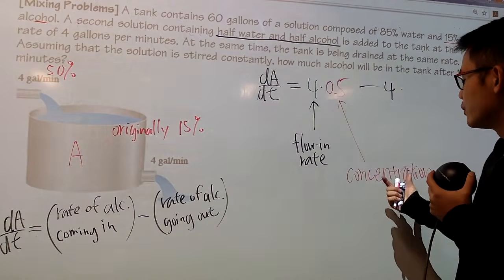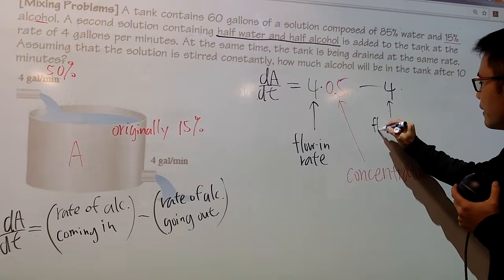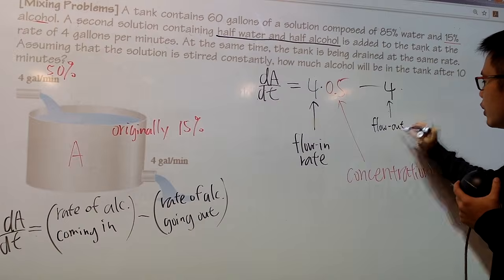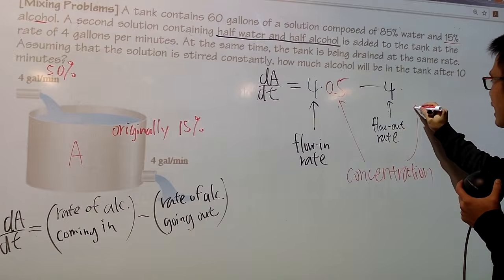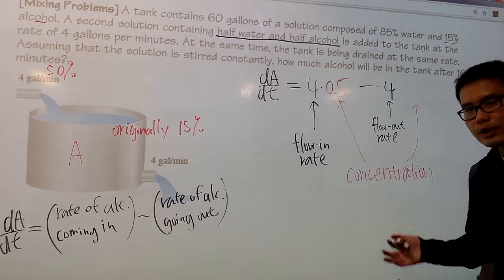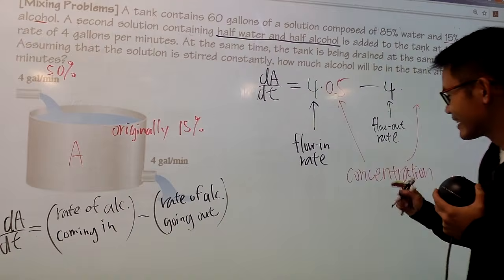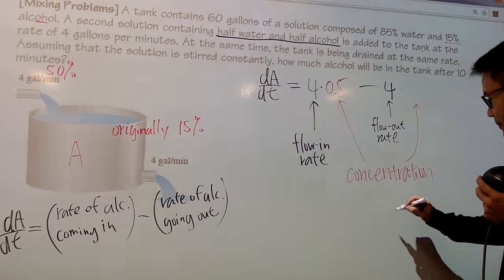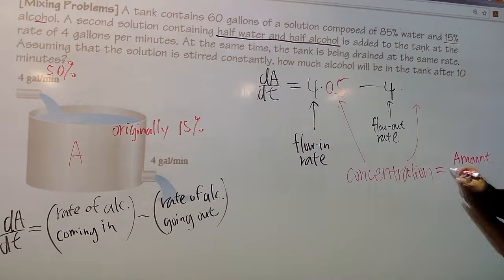Now, how can we figure out the concentration though? Because here we have the flow out rate already, but I still have to multiply by the concentration. How can we figure out the concentration? Remember, the concentration is equal to the amount of whatever thing you're interested in divided by the total volume, right?